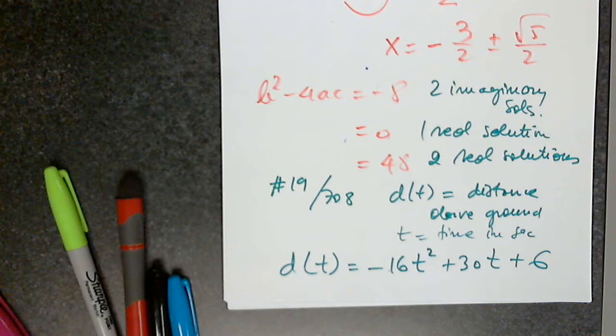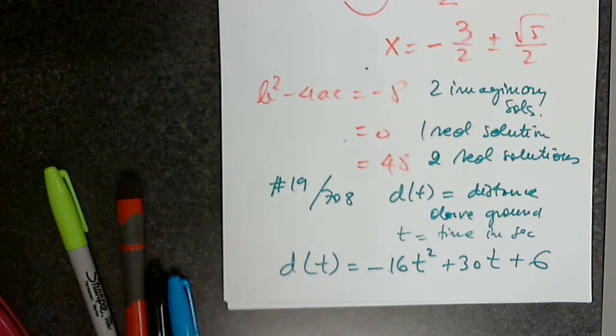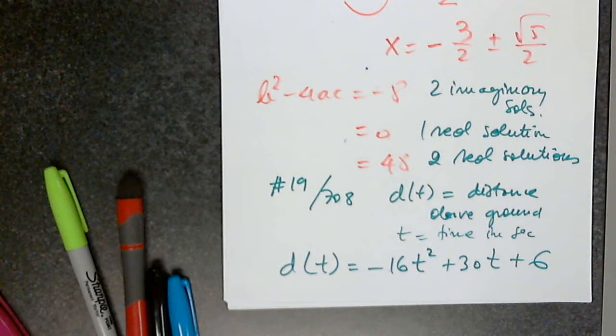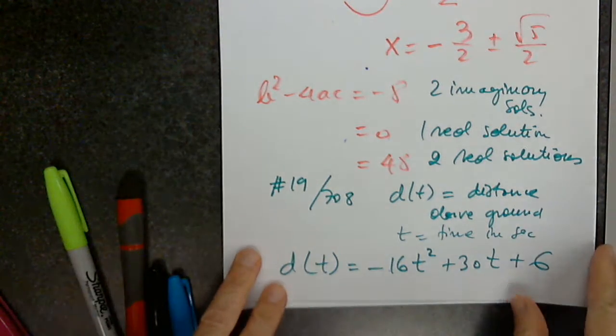Part A. Find the distance above the ground of the hat 1 second after it was thrown in the air. What am I asked to do and how do I do it?